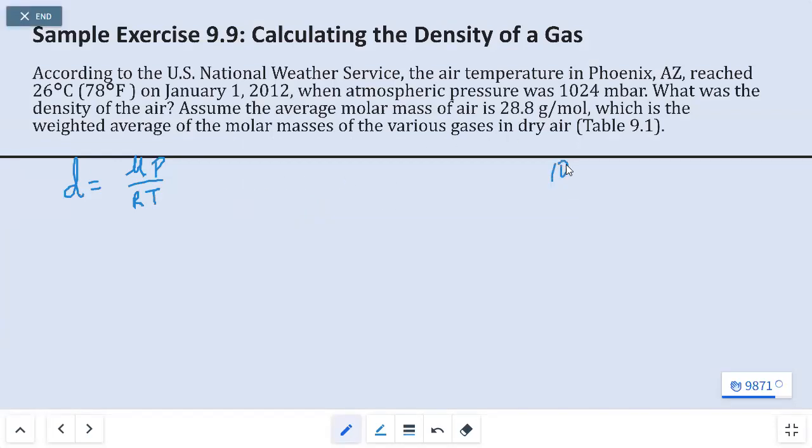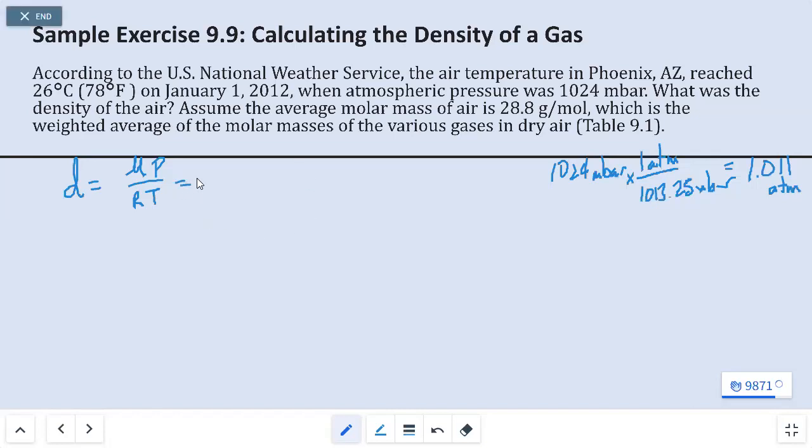So 1,024 millibars, with 1,013.25 millibar in 1 atmosphere, for significant figures, it's 1.011 atmospheres.